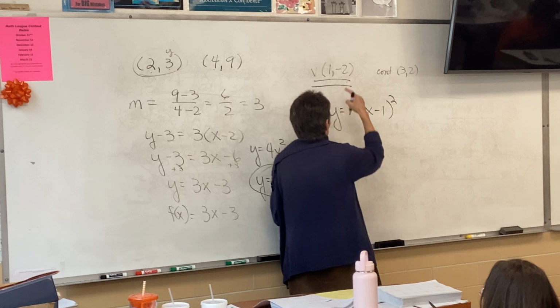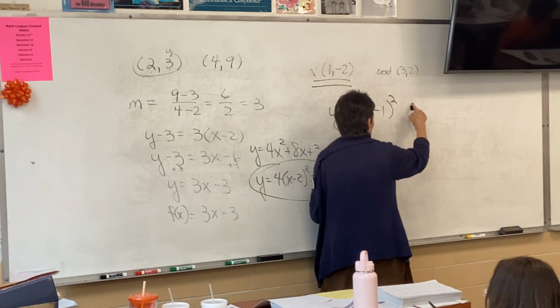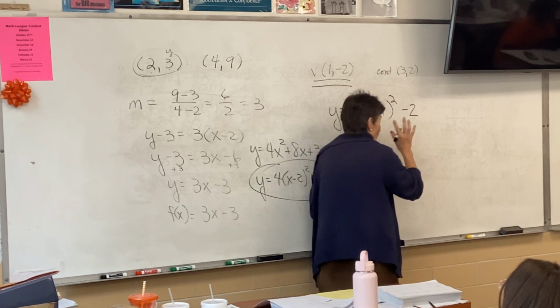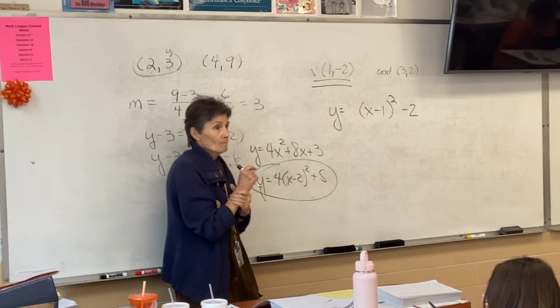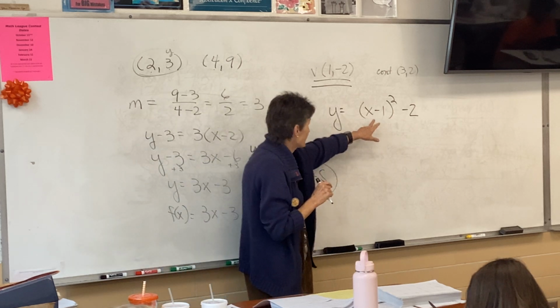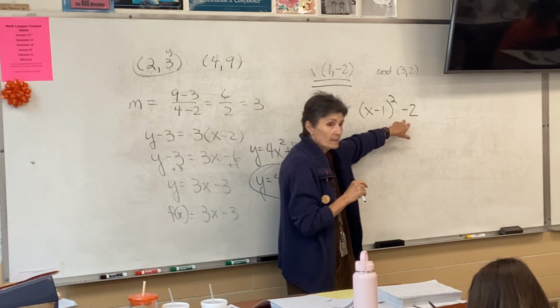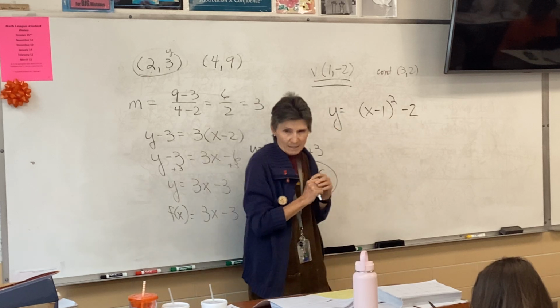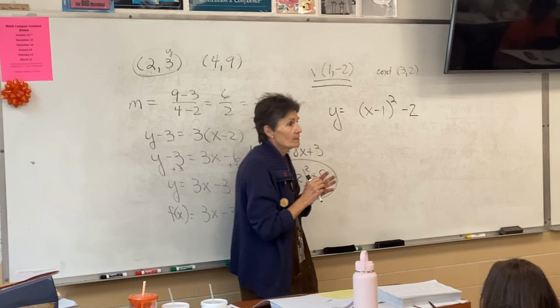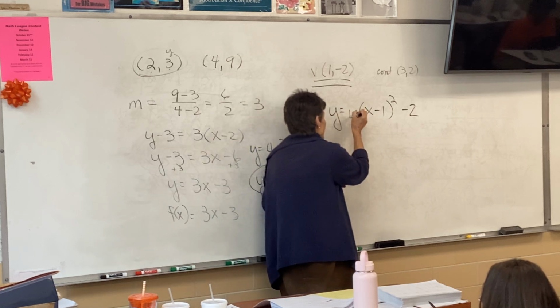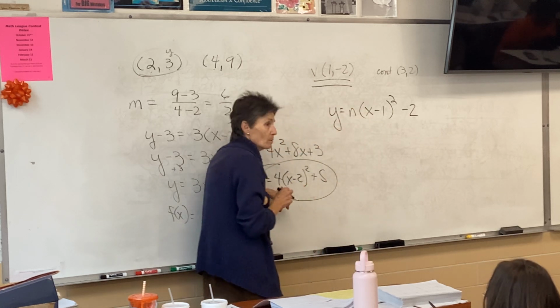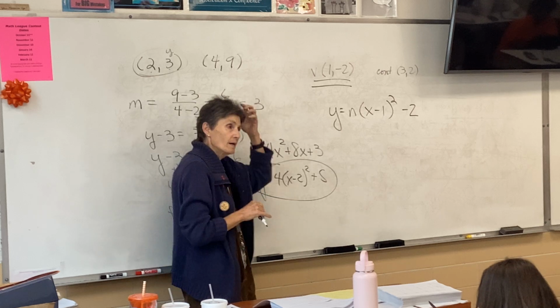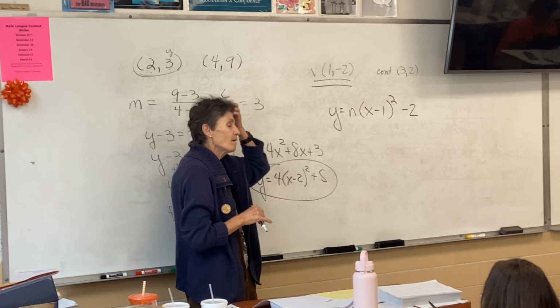And then what's going to go on the end here? Minus 2. Perfect. Now, that has a vertex of 1, negative 2. What's missing? The other number. This thing right here is missing. In my example, it was a 4, but it could be something else. How are we going to find that number?